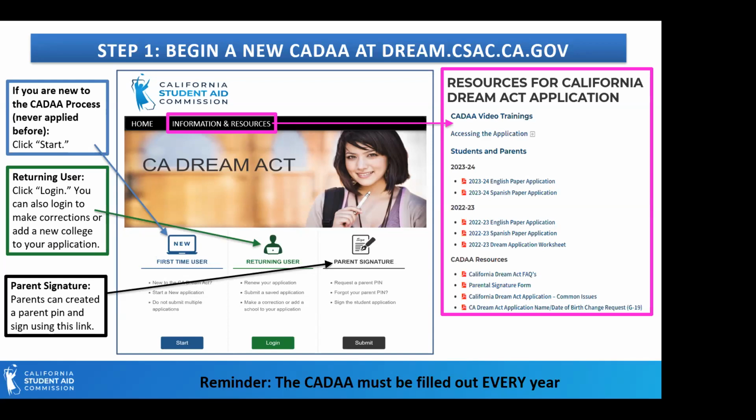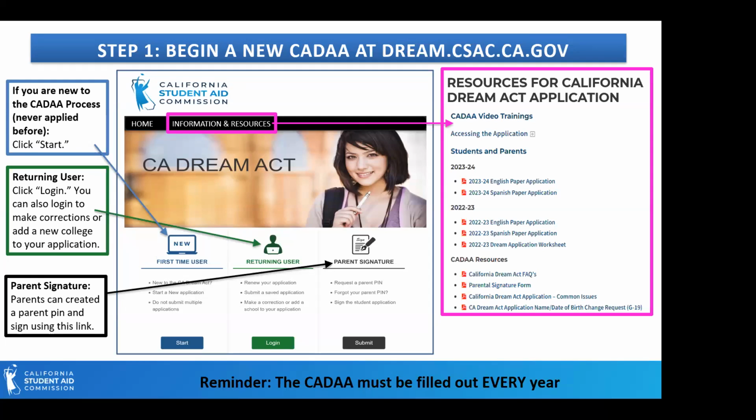Say last year you were a freshman, you got it, and you want to continue with your education and financial aid, you will be a renewing student. Or if you need to make any corrections, or like I was saying, if you had more than 10 colleges and you want to add some new ones to your application, you will select Log On. And lastly, we have parent signature.